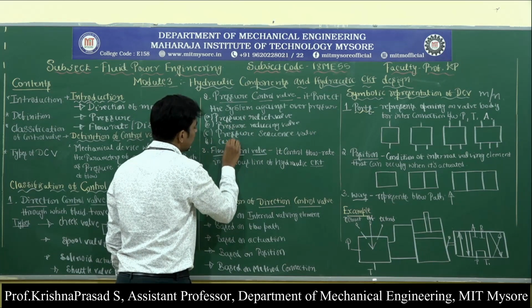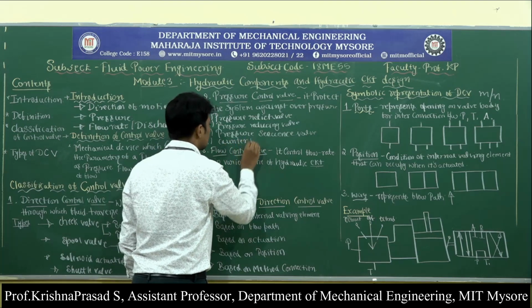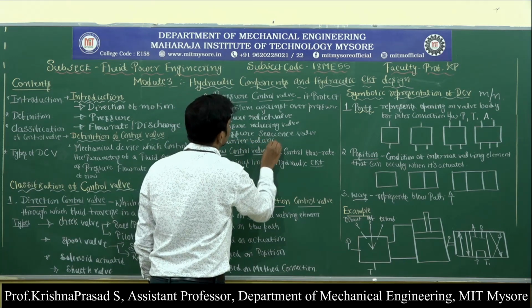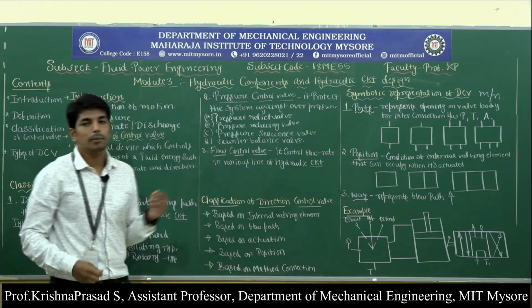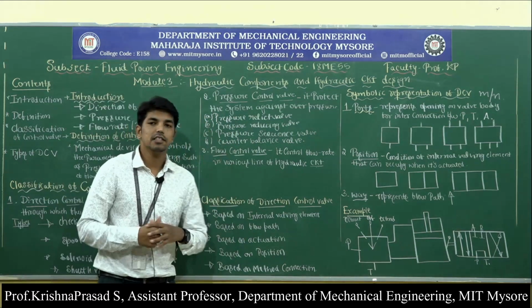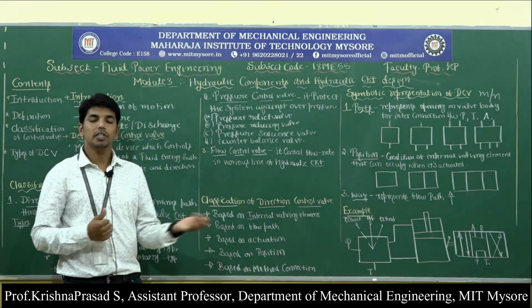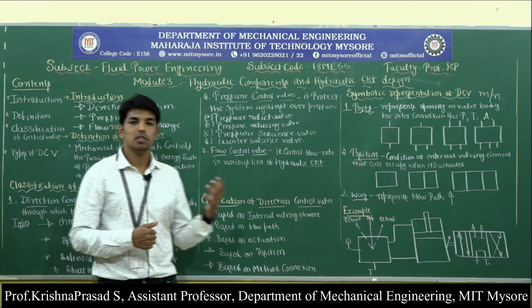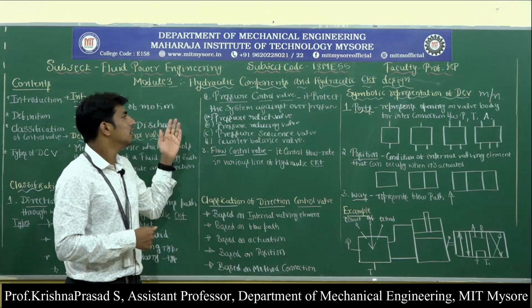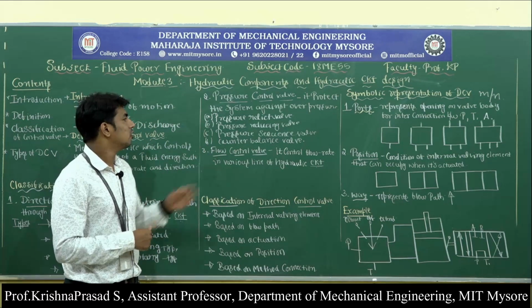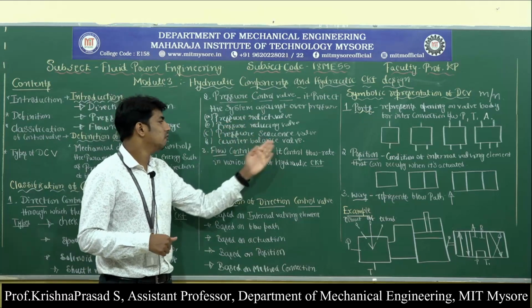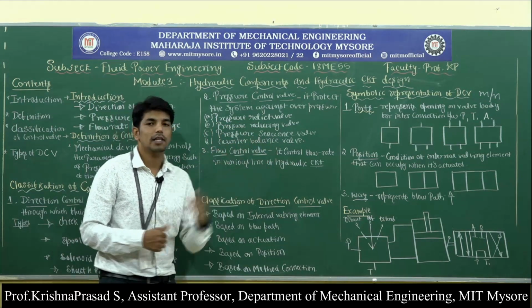These are some of the types of pressure control valve. So what is meant by the pressure control valve? It protects the system against the overpressure. The overpressure may sometimes build up because of the sudden closing of the valve. So in order to control this, we use pressure control valves like pressure relief valve, pressure reducing valve, pressure sequence valve and counterbalancing valve.